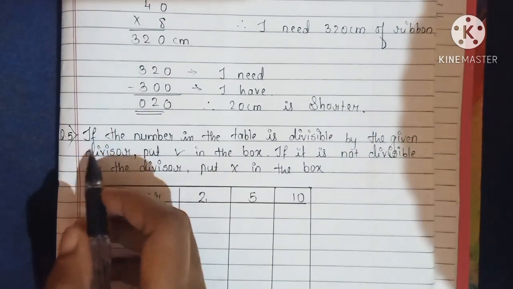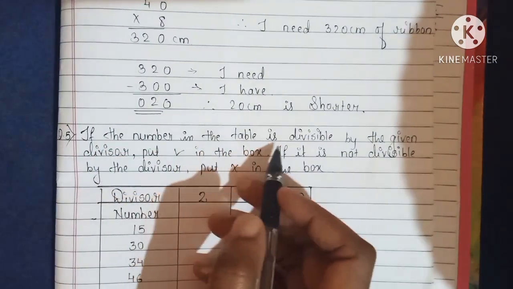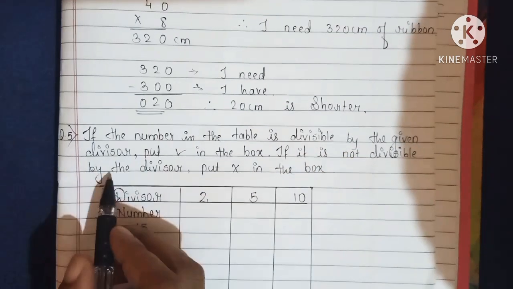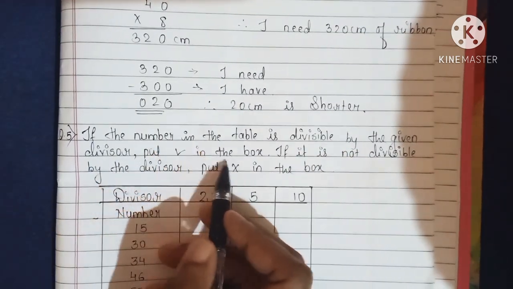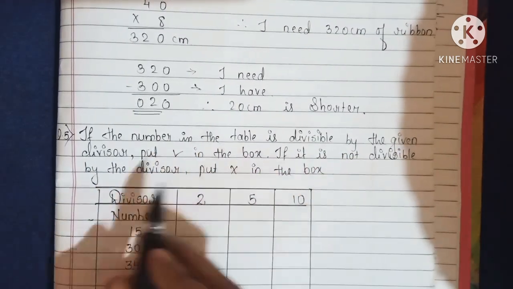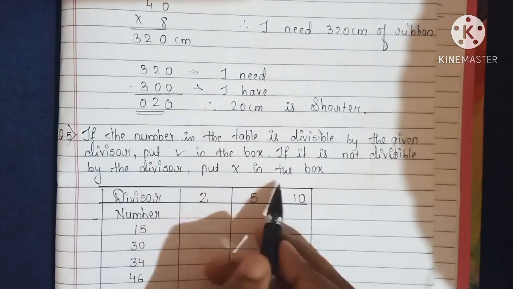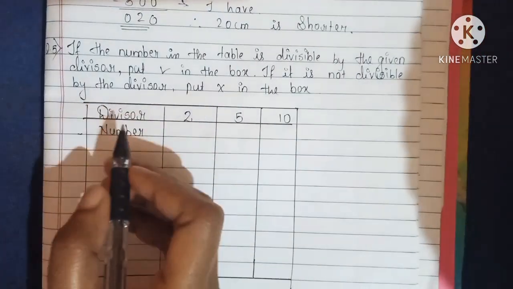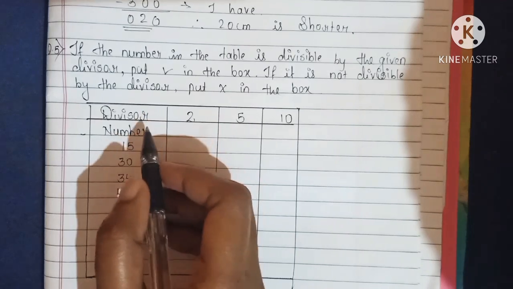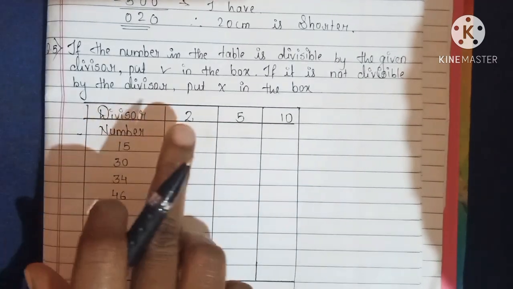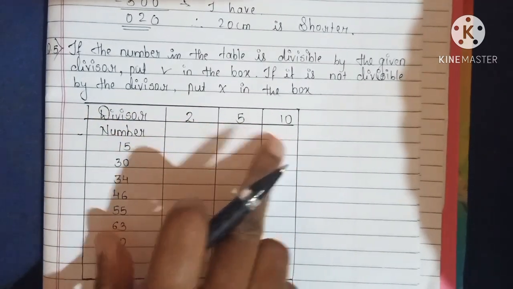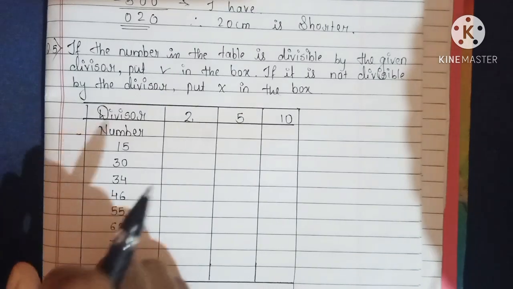Okay, in question number 5, if the number in the table is divisible by the given divisor, put right in the box. If it is not divisible by the divisor, put cross in the box. Okay, we have already studied how to find out whether the number is divisible by 2, 5 or 10. So let us do this.